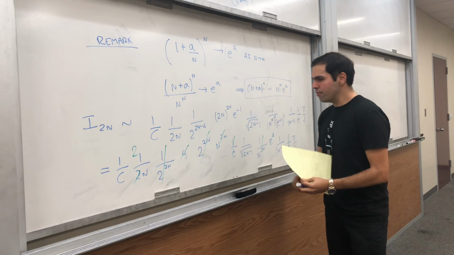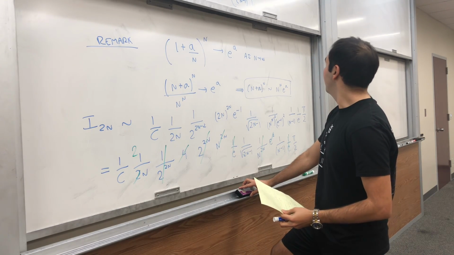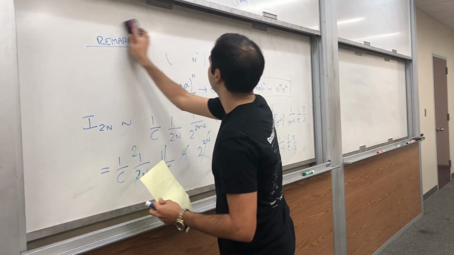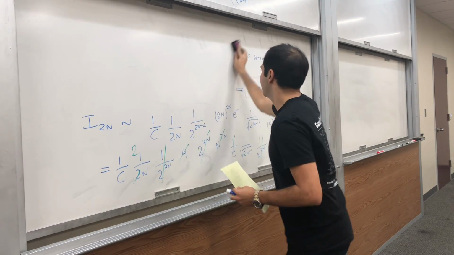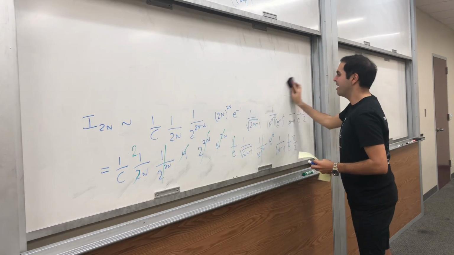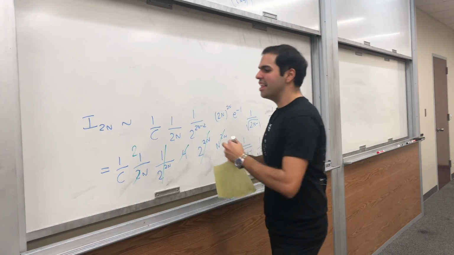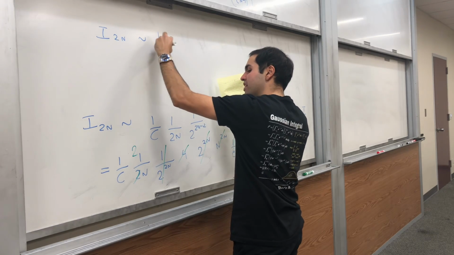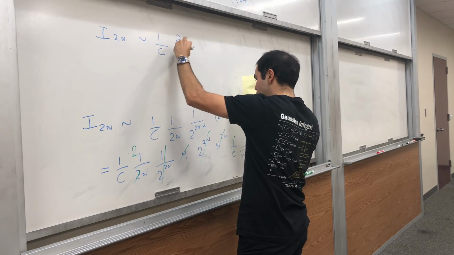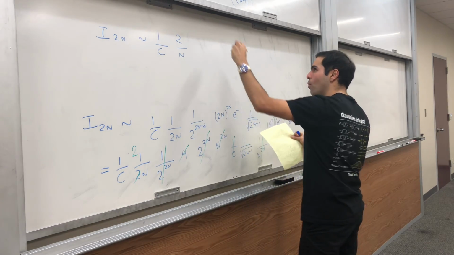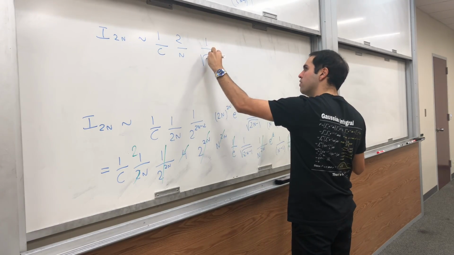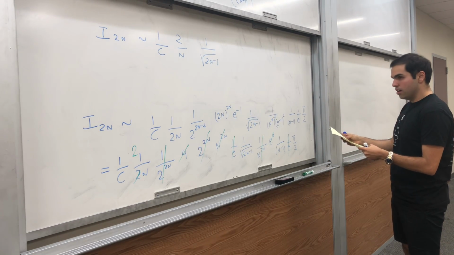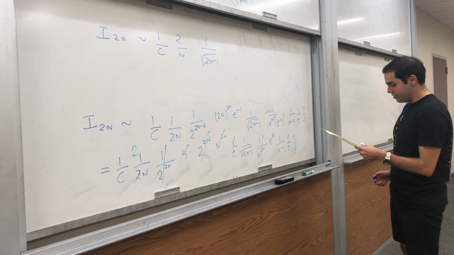We then are left with sort of terms that are not that bad. Wait, I realize there's another typo, but don't worry about it. So then we get I to n is asymptotic to 1 over c, 2 over n, and then 1 over square root of 2n minus 1. Okay, and let me just see.